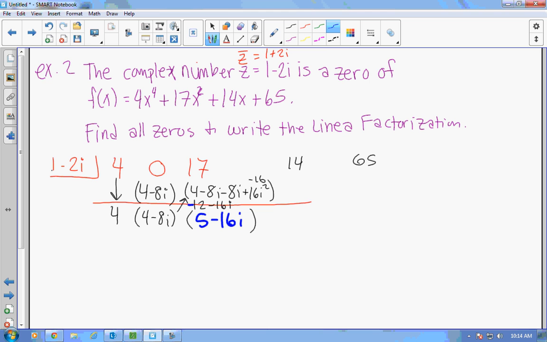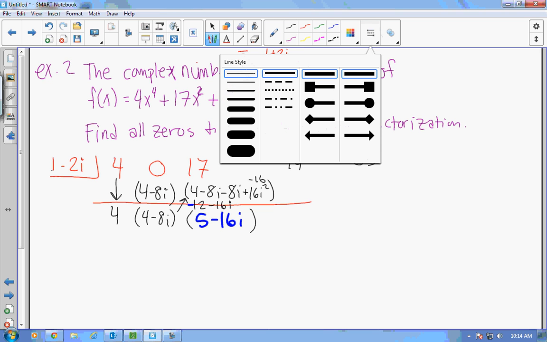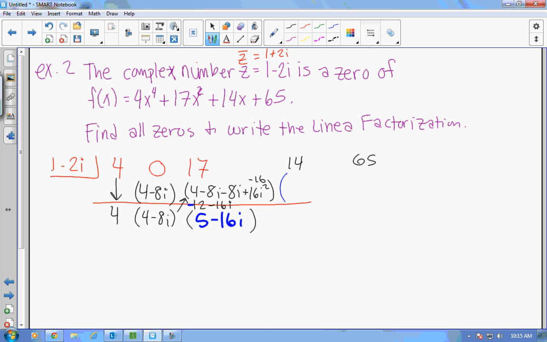Do it again. Okay, I'm using parentheses to help separate these columns. We're going to multiply this complex number by the complex number there in blue we just got. 1 times 5 is 5. 1 times negative 16i.